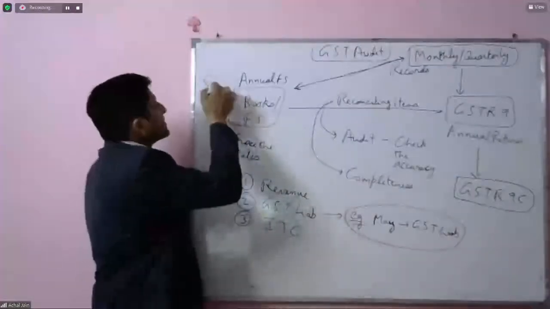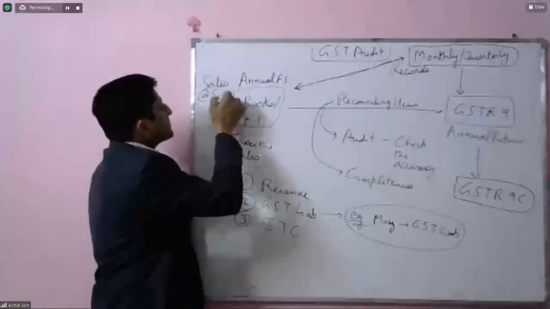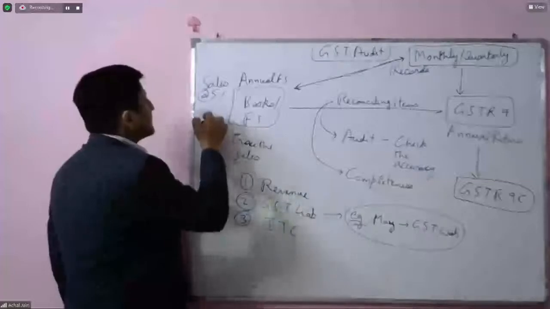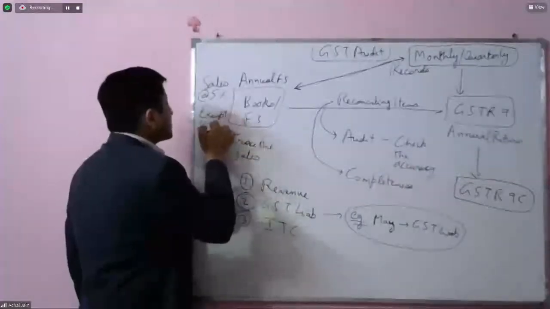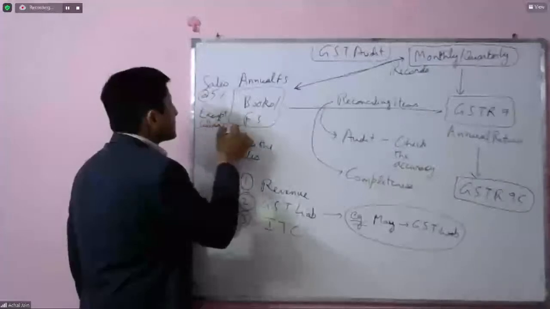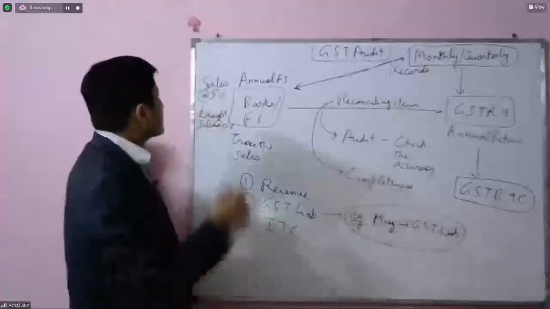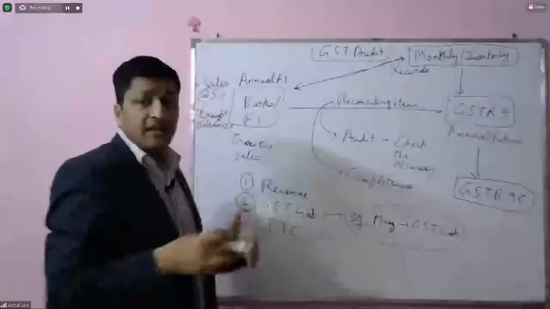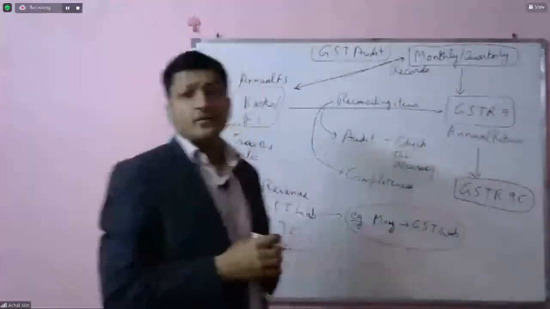See, there are certain sales on which tax is 5%, and there could be certain sales which are exempt. There could be certain sales which will have a tax of 0%. All of them will be captured, and after making the adjustments, all of these items will come in the adjusted annual turnover.